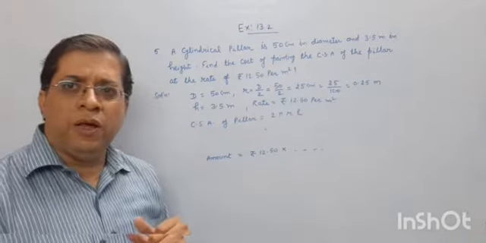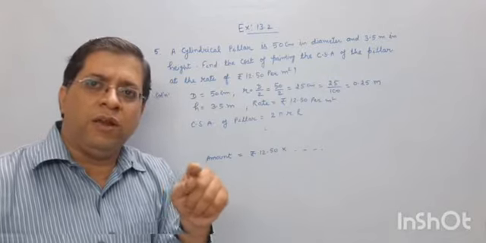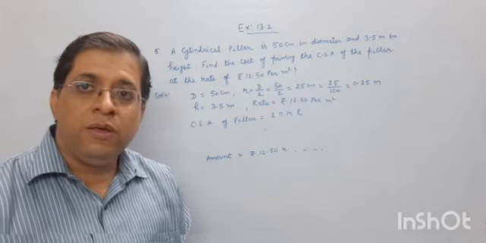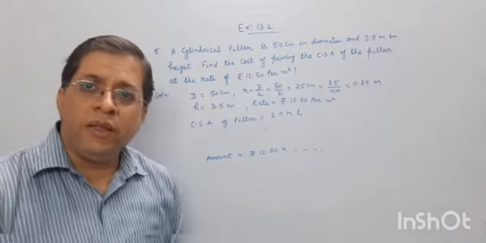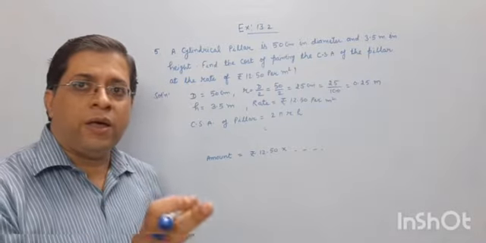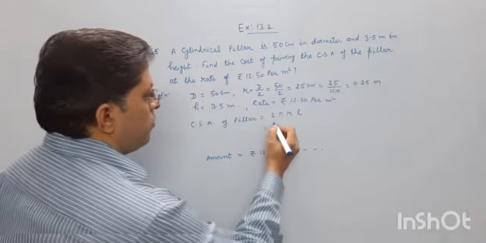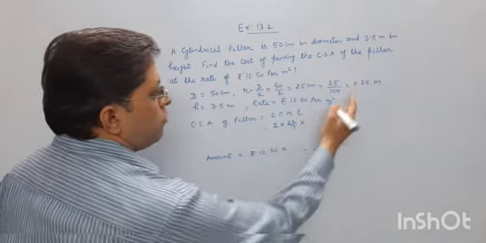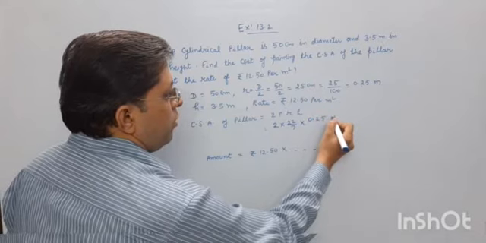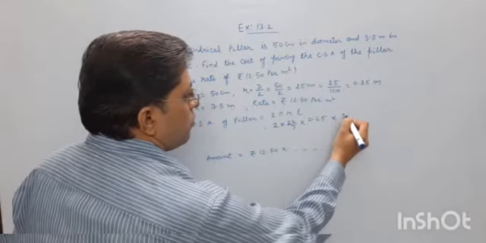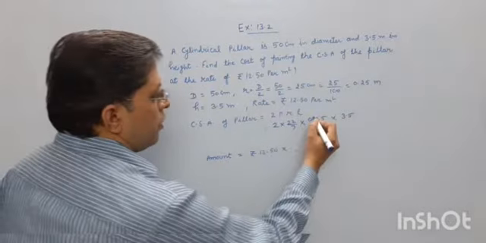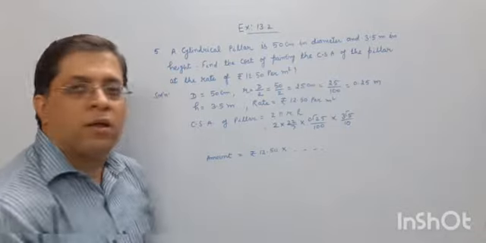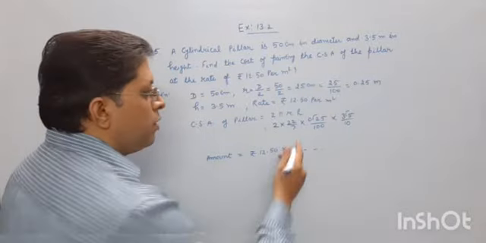What is the CSA of the pillar? The pillar is in the shape of a cylinder, so the CSA of a cylinder is 2 pi RH. 2 pi R is 0.25, H is 3.5. Can we remove this? Like in this way.